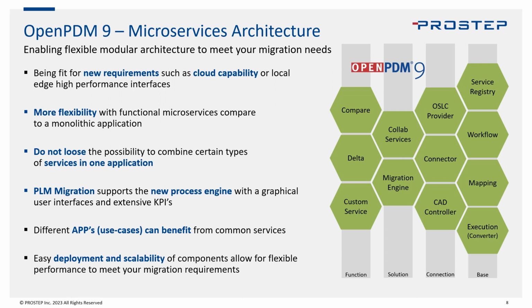We've got different services for doing delta comparison, for mapping, for batch process translation, and a registry service so that you know where all the different components and connectors are. You can say, oh, I've got X amount of connectors, so I can go through and see which one's free and process more data through that one.